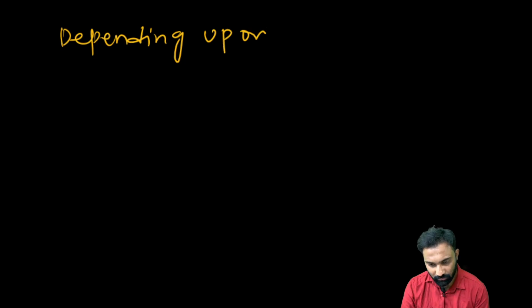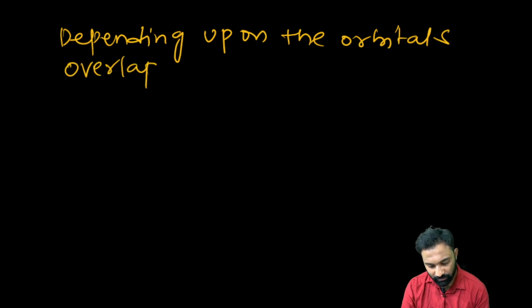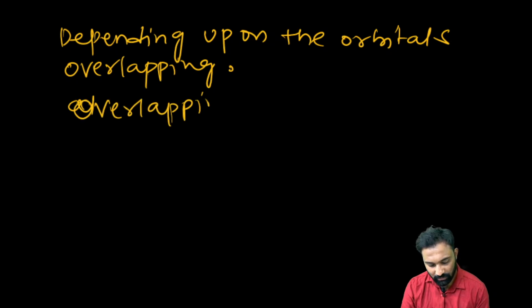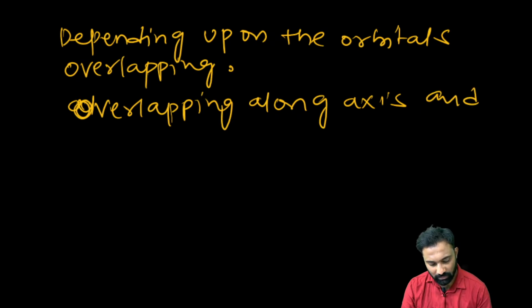Now, how many types of overlapping are there and what type of bonds will they give? Depending upon the orbitals overlapping, we have overlapping along the axis and perpendicular to the axis.